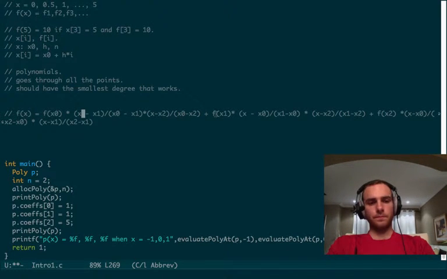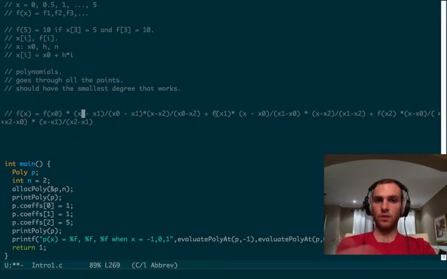So you have a degree 2 polynomial. You have 3 distinct points. There's only one degree 2 polynomial which goes through 3 distinct points. That's a rule.